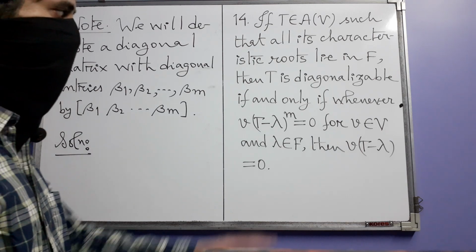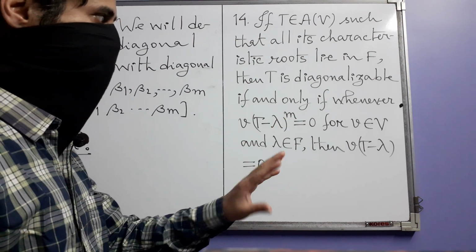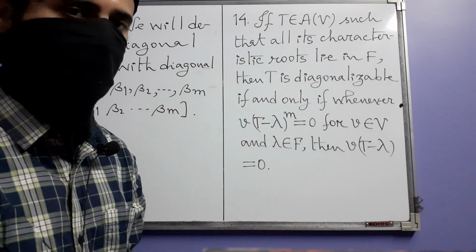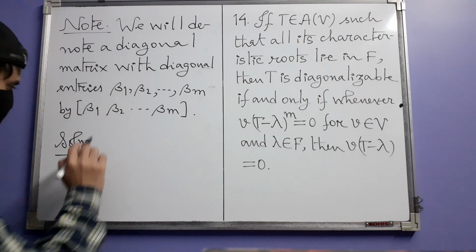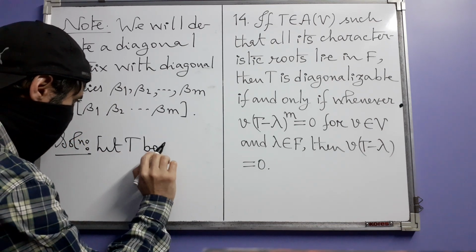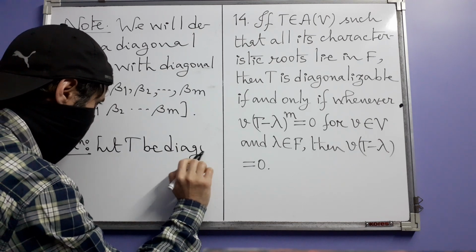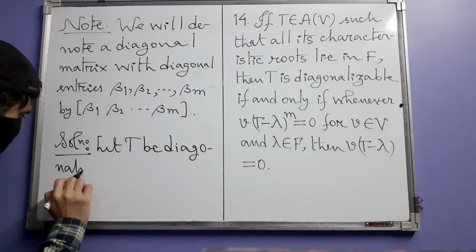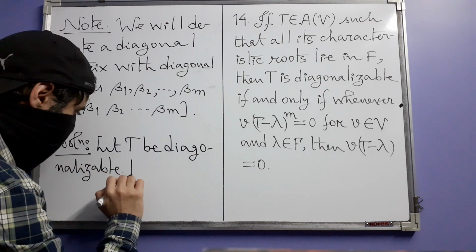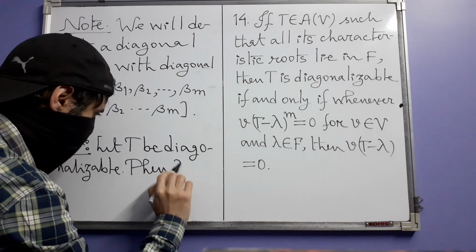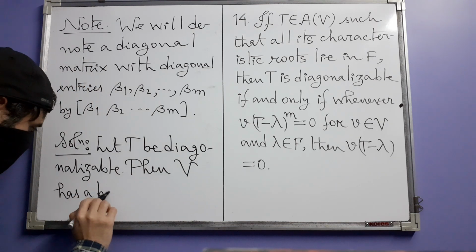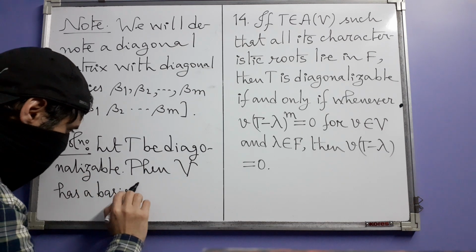Alright, so let's now start the solution. So this is an if and only if statement, so we have to prove both ways. Let us first start by assuming that T is diagonalizable. Let T be diagonalizable. Then the vector space V has a basis.